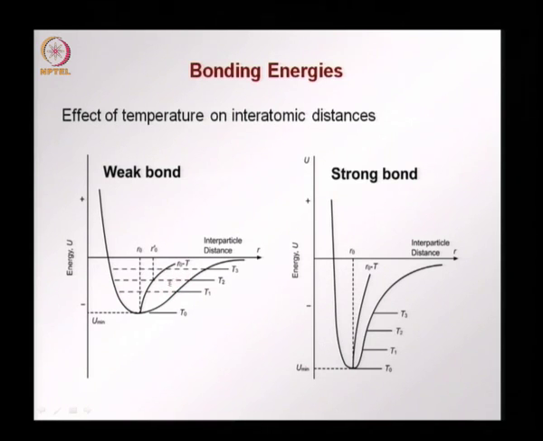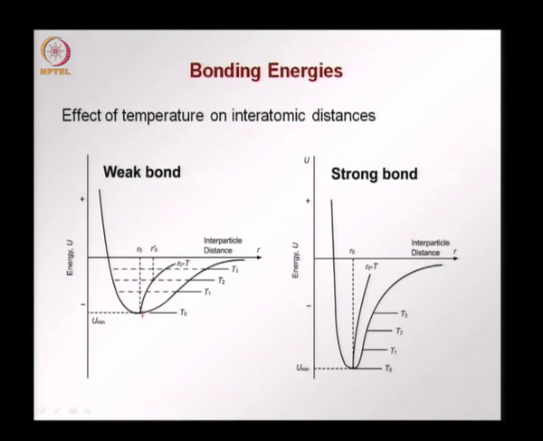At T2 this distance is more, so there can be oscillations over a larger distance. At T3 even larger distances you can have the interparticle separation moving about. The average is this dark line. The average distances between the particles at each temperature is given by this dark line.